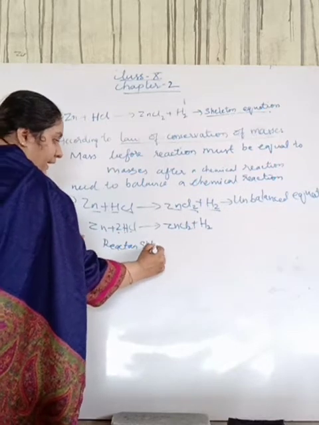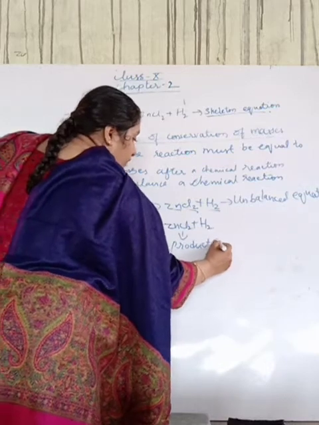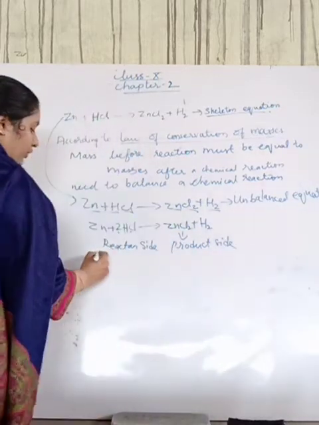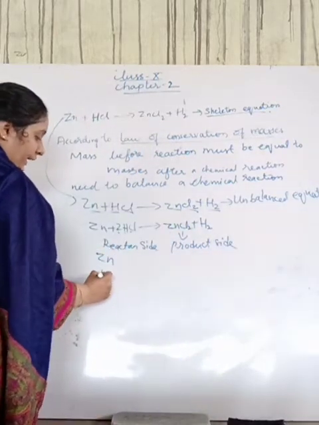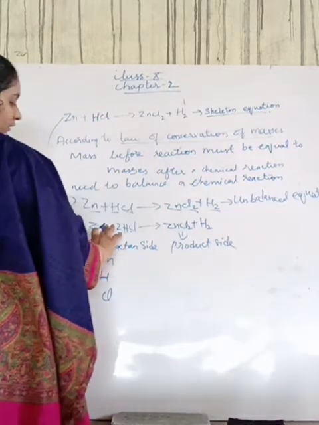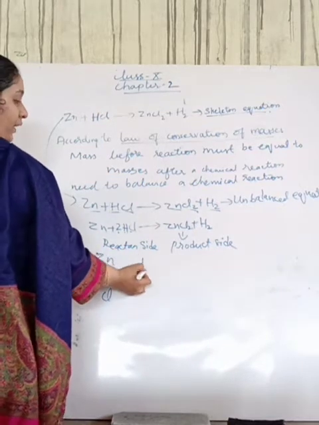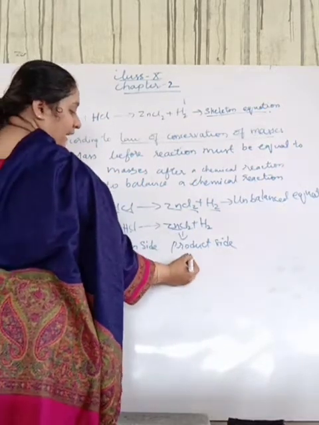This is the reactant side, and this is the product side. Now we'll see the number of atoms: zinc, H and Cl. How many atoms on the reactant side? Zinc atoms 1. Here on the product side, zinc atoms 1.